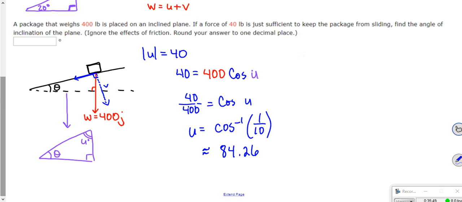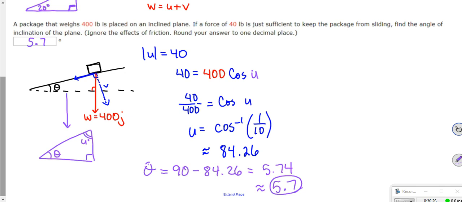But how do we find theta? Well, we know from my sad little right triangle picture that theta equals 90 minus u. So 90 minus 84.26 is 5.74. And then what did the directions say? Round your answer to one decimal place. So this would be approximately 5.7.